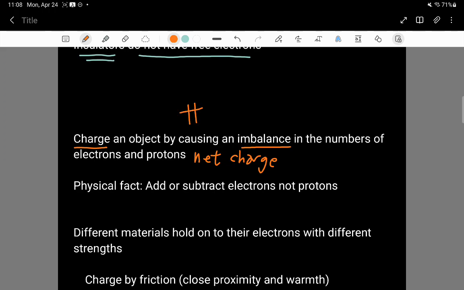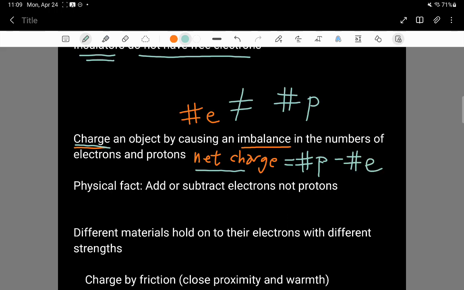That is, if the number of electrons and the number of protons in our object are not equal, then we're going to have an overall electric charge, and that's referred to as a net charge. The net charge is as simple as taking the number of protons in our object and subtracting the number of electrons in our object. This difference describes the imbalance. That's called the net charge.